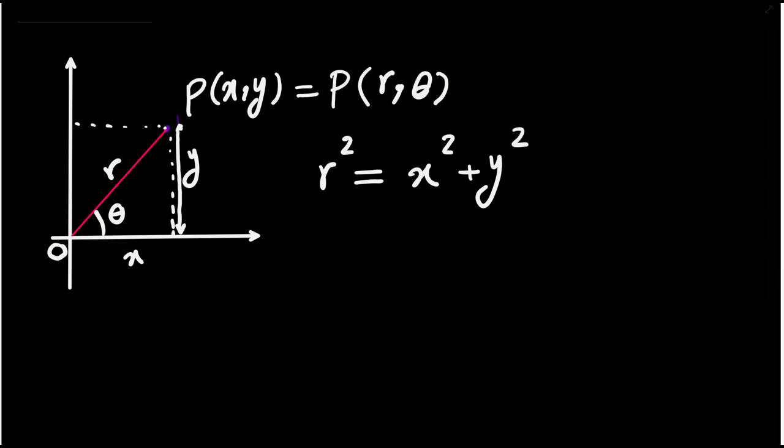Then, what do we know about theta? Because we have a right triangle here, and this angle is theta, we can calculate sine of theta and cosine of theta. You know that sine of theta is the opposite side divided by r, and cosine of theta is the adjacent side divided by r.